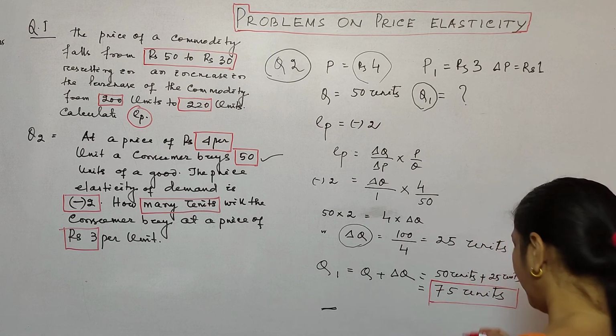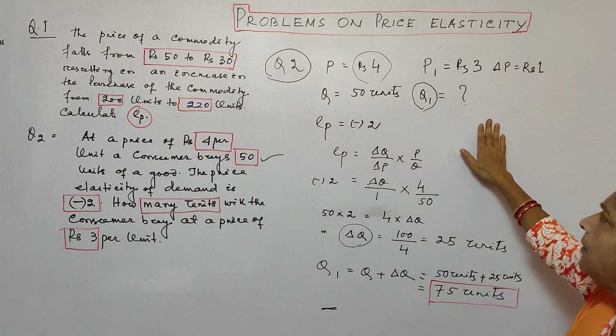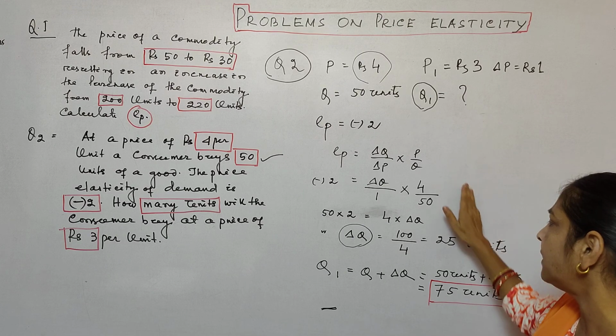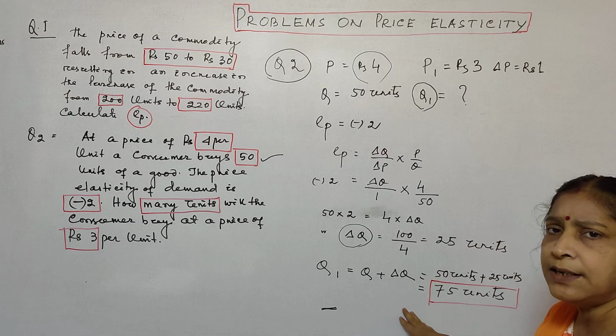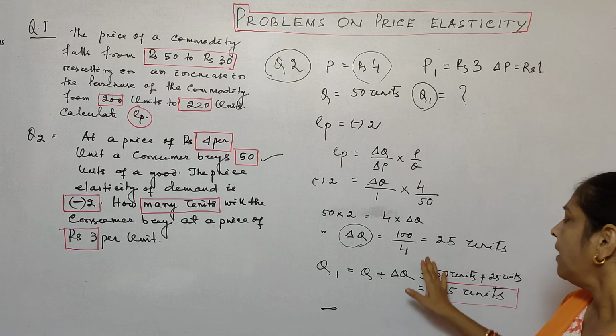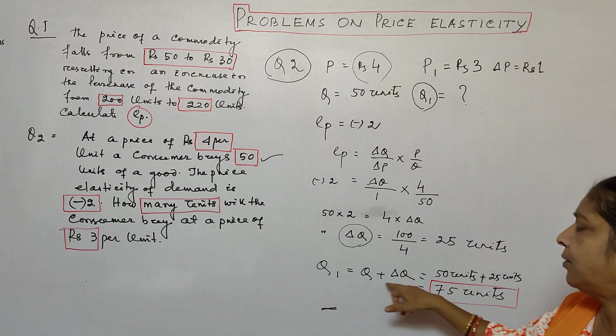Friends, you have to remember, it is a fall in price case. With a fall in price, the quantity purchased by the consumer will obviously increase, as it follows the law of demand. So as quantity purchased increases, we have to add delta Q to Q.